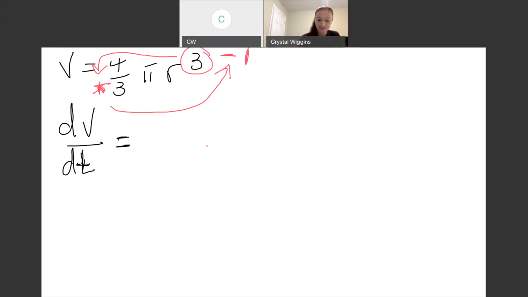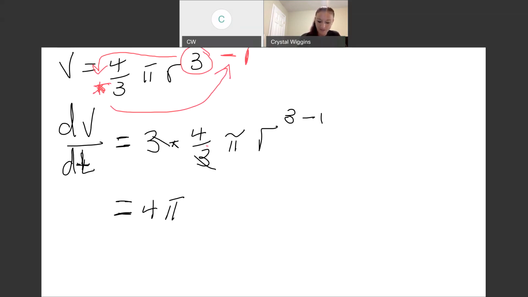So that will give us 3 times 4/3 pi r to the 3 minus 1, which simplifies, as the 3's cancel here. So we have 4 pi r squared is equal to dV/dt.